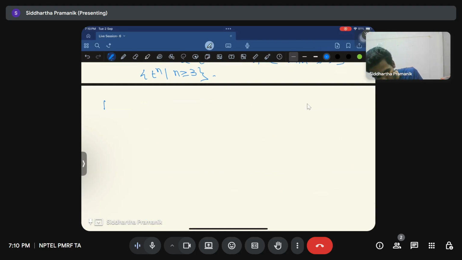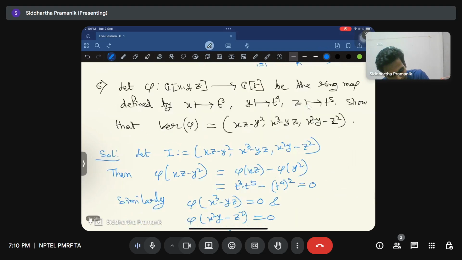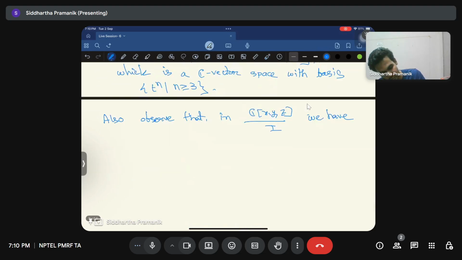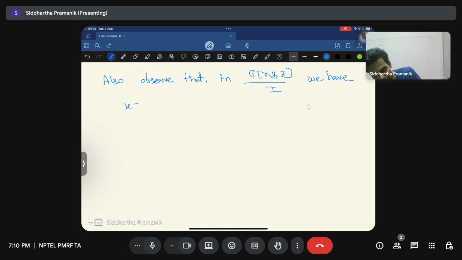Now, also observe that in C[x, y, z] modulo I, we are going modulo by I, so these elements are 0 in this quotient. So we have xz minus y^2, this is 0 bar.